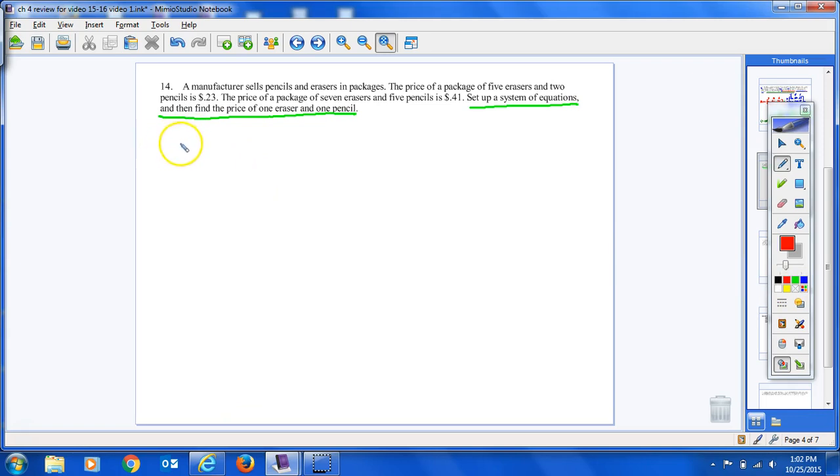So immediately I'm going to let a variable represent each of the two items that I'm supposed to find. And it should be a price. So X for me is going to be the price of one eraser. And Y is going to be the price of one pencil.